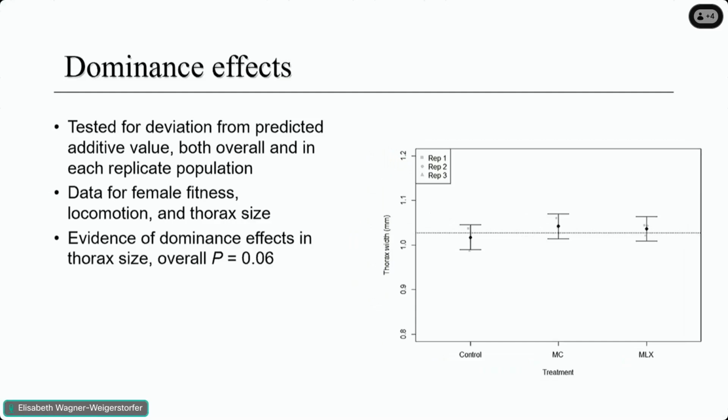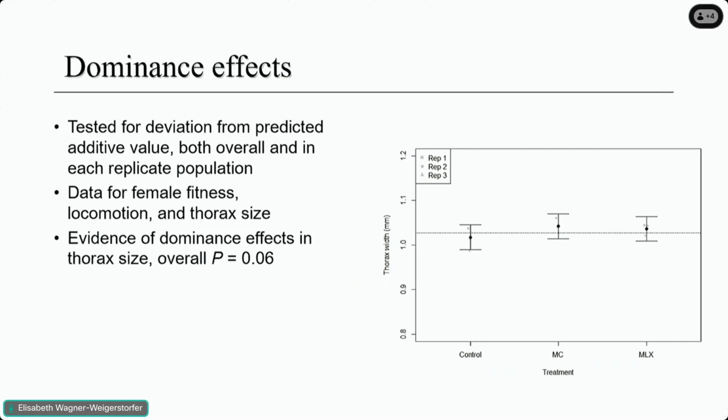We tested, oh yeah, and I didn't mention that before, but we tested both overall and in each replicate population. We've done a similar approach in a previous experiment, and we could see for some traits that it maybe looked additive overall, but then when you looked at each replicate population separately, you could see that 2 of them looked recessive, and 2 of them looked dominant, and then when you average those, it looks additive.